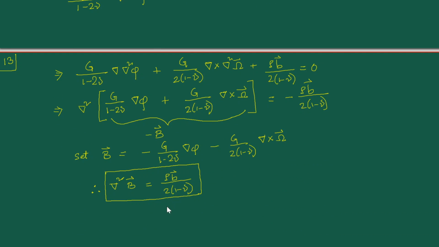So in order to arrive at the displacement vector u, you need to know the values of phi and this omega vector. But just by knowing the b vector, you cannot say what phi and omega are. So it is back to square one kind of thing. So what good does knowing b do us?